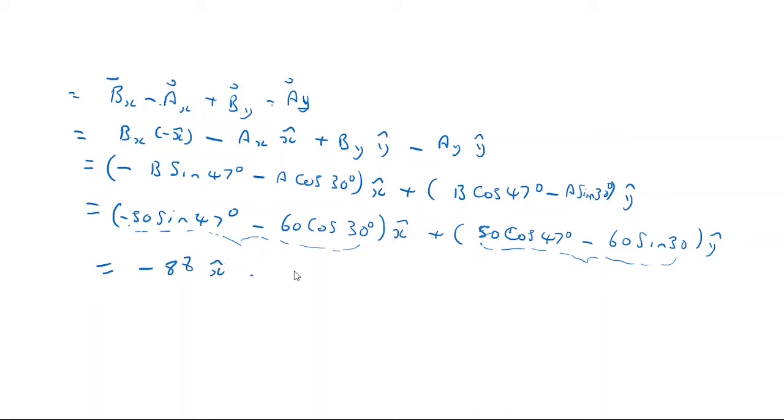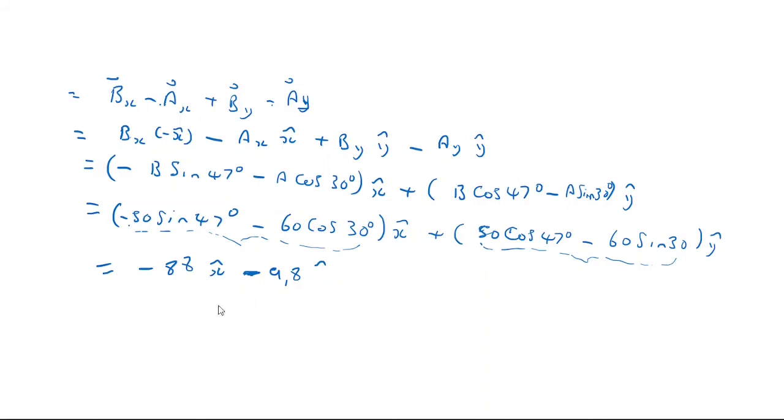I don't know if it's going to be a plus or what, so let's first calculate it and see. It's 50 cos of 47, minus 60 sine of 30, and it's minus, so my hunch was right. I was reluctant to put a plus here, so it's going to be minus 9.8 in the y.